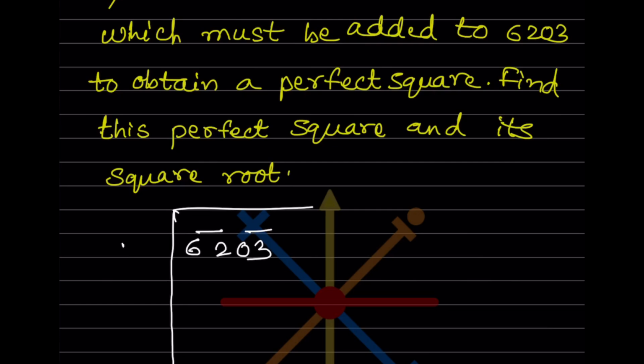So 7 sevens are 49. So you are going to add 7 plus 7, that is going to be 14. So here we have 3, so we have to take this 03 as well.